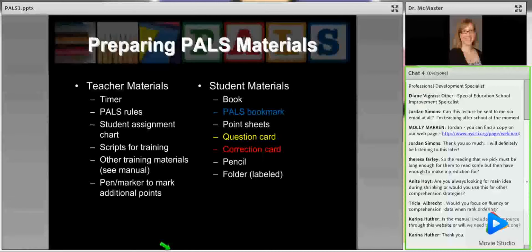The student materials would include a book, which is not included as part of PALS, so you get to select the reading materials. PALS bookmark, there's point sheets, a question card that has the prompts for each activity, a correction card that shows students how to correct each other. They'll need a pencil for marking points, and a folder to keep the materials in.